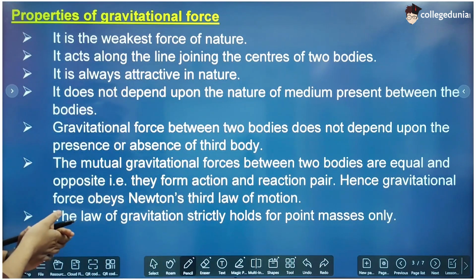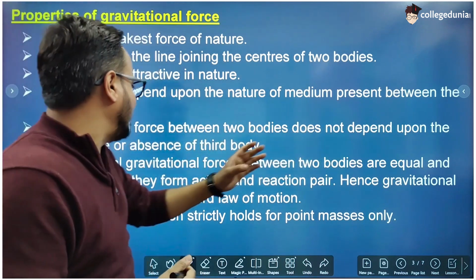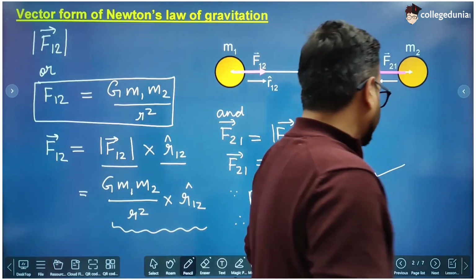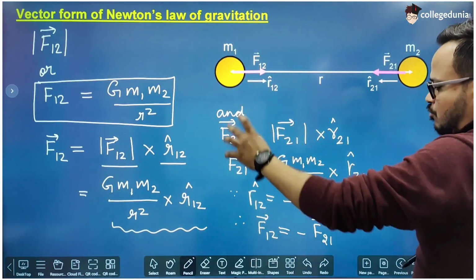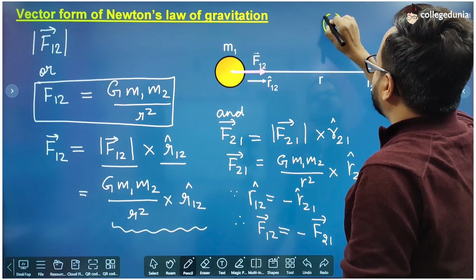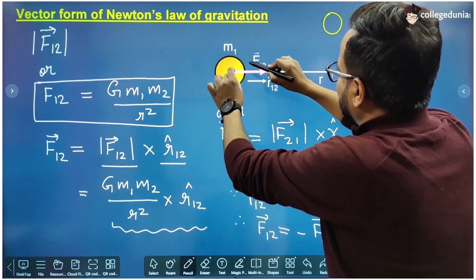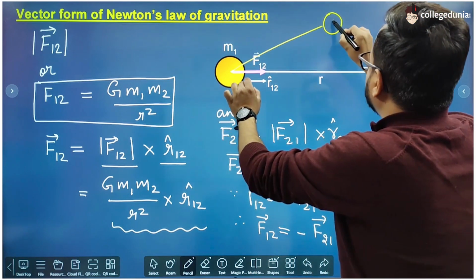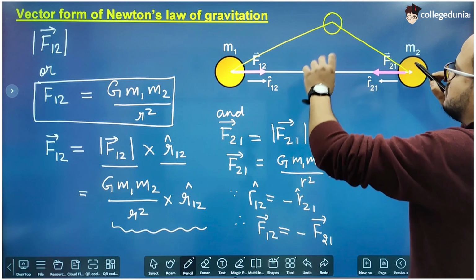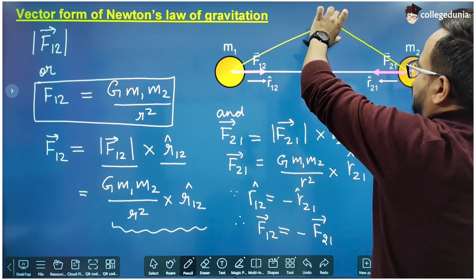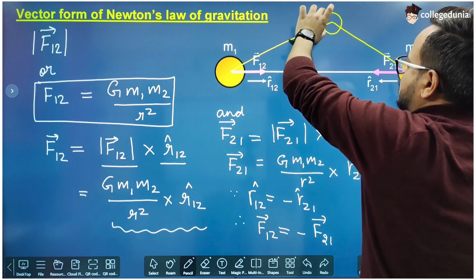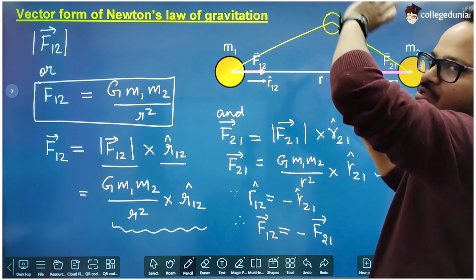Next, gravitational force between two bodies does not depend upon the presence or absence of a third body. Suppose we bring a third body here. The gravitational force between this body and the new body will change, because this body was not here, it was somewhere else, so the distance between these bodies was something else.